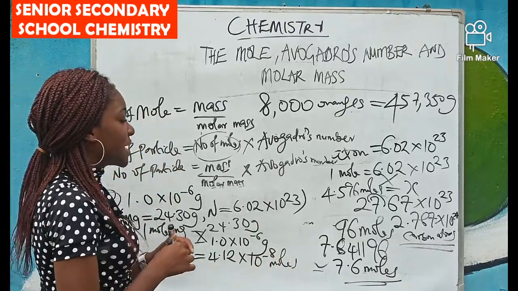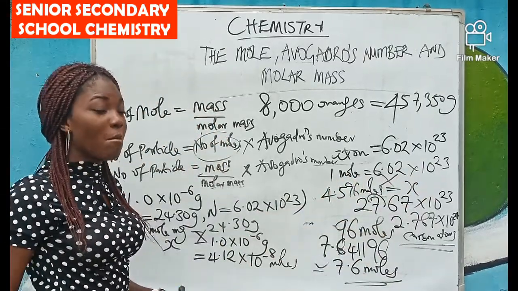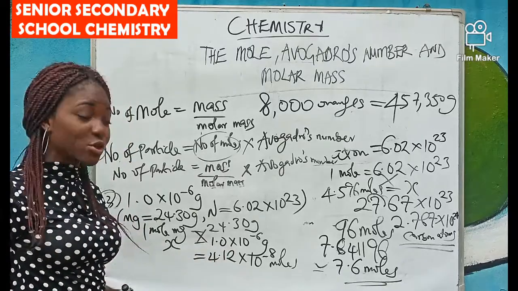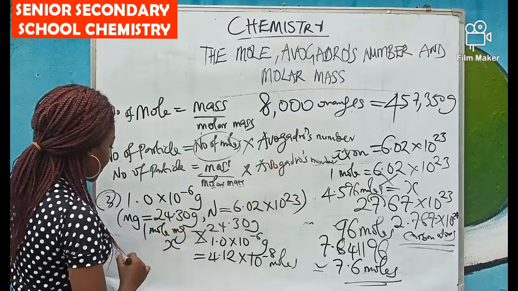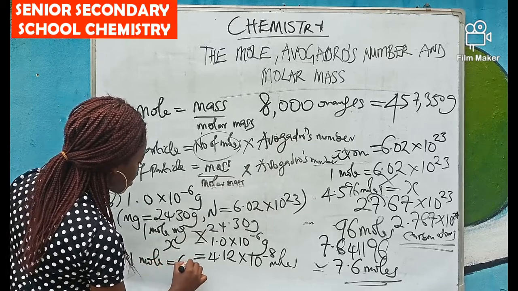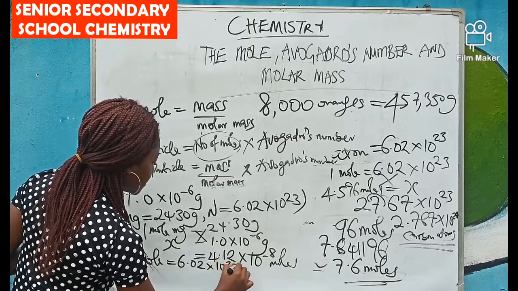Now if I put that back into my equation that says that 1 mole is equal to 6.02 times 10 raised to the power 23, I should be having 1 mole is equal to 6.02 times 10 raised to the power 23.